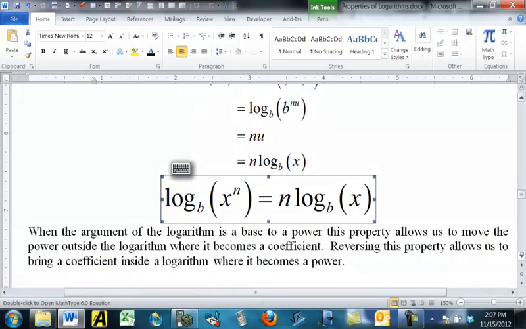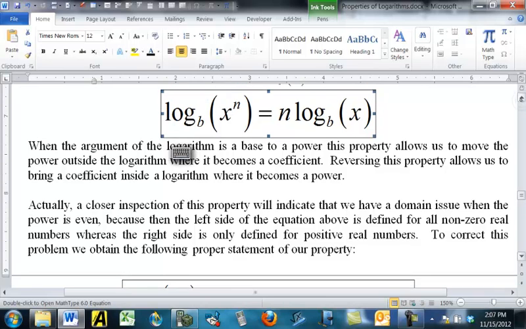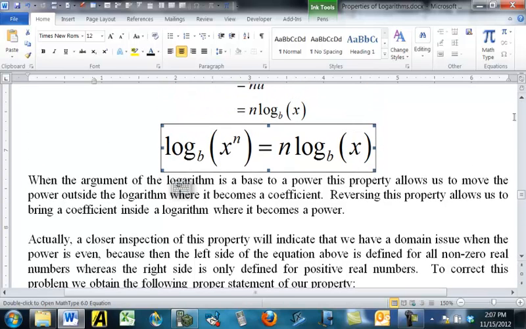Now, actually, it turns out there's a technical problem here. There can be a domain problem. If n is an even number, then if you plug in an x value here, you clearly are going to have an even function, a function that has y-axis symmetry, and it's going to be defined, well, you still can't take x to be 0, so it's not going to be defined at 0, but it is going to be defined for both positive and negative values of x, because once you raise it to the even power, you have a positive, and you can do a log of a positive.